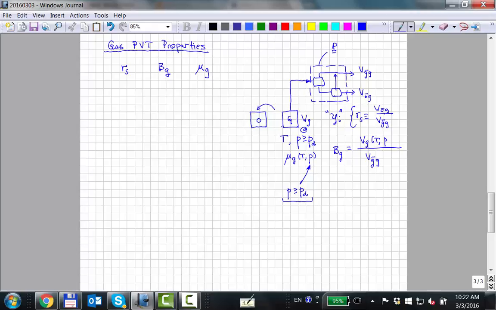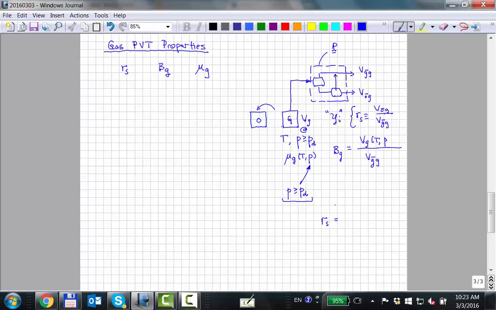Okay, now I've got a question for you. If we take this gas to the surface like we were talking about here, if we start at a pressure equal to the dew point and we get a value, I'm just going to give you some numbers now that'll be comparable with the previous example.